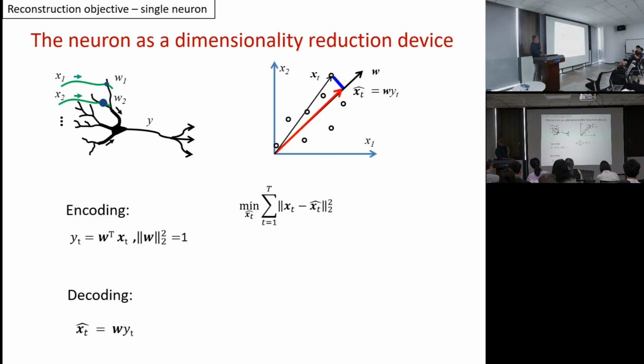Our reconstruction is called xt hat, but we have to produce it just from y. It's intuitive that all we have to do is scale w by y. And then we need to minimize the error between the reconstructed xt hat and the actual data.